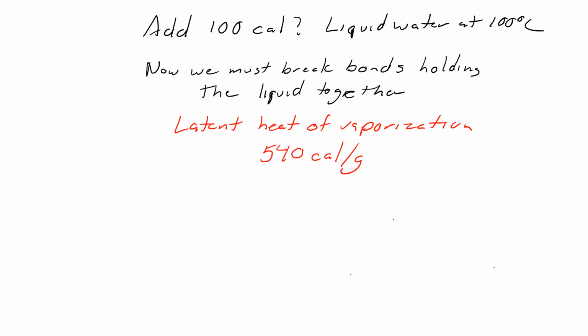So that brings us up to 200. And then we had to add 540 to break the bonds in the liquid to make it into vapor. So we're looking at 740 calories. 620 was to change phase, and 120 was to raise the temperature. So you can see that it takes a lot more energy to break those bonds than to just make water rise in its temperature.